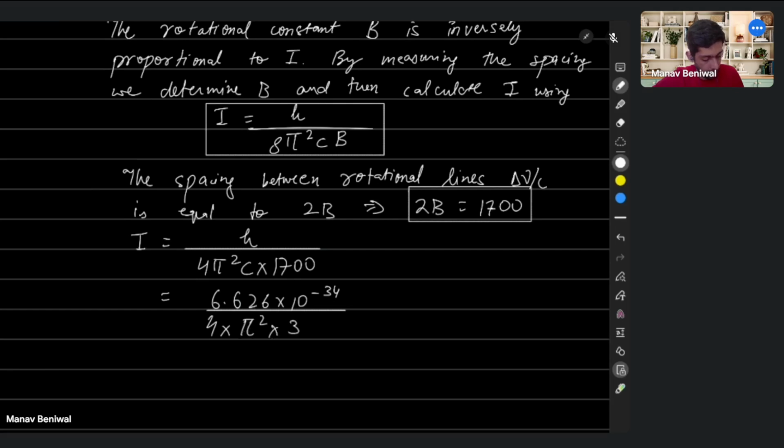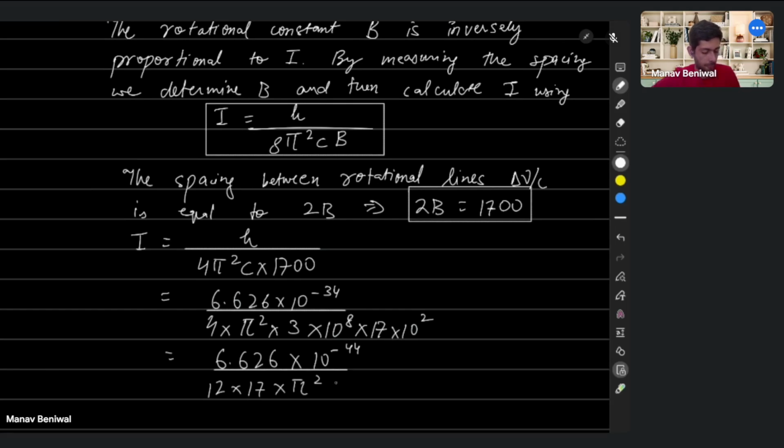This is 3 times 10 to the 8, and this is 17 times 10 to the power 2. So this becomes 10 to the 10. So this will become 6.626 times 10 to the power minus 44, divided by 12 into 17 into pi squared.